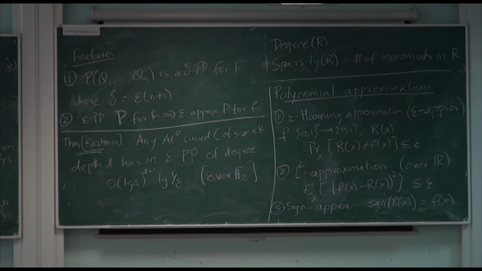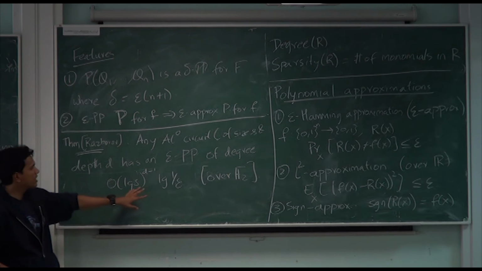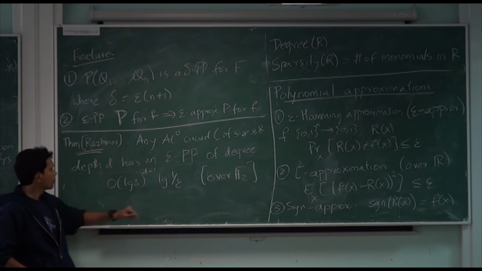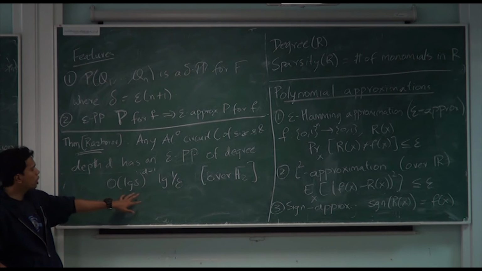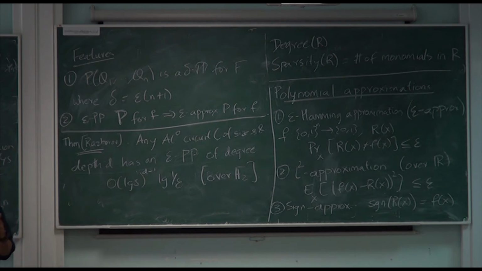Typically, you should think of this size as polynomial in the number of variables, in which case this epsilon is some sort of constant. In which case this would be a polynomial of degree polylog n. So just to contrast with the actual degree: ANDs and ORs, if you want to represent them exactly, you need polynomials of degree n, but if you want to approximate them in this very strong sense, you only need degree polylog n.